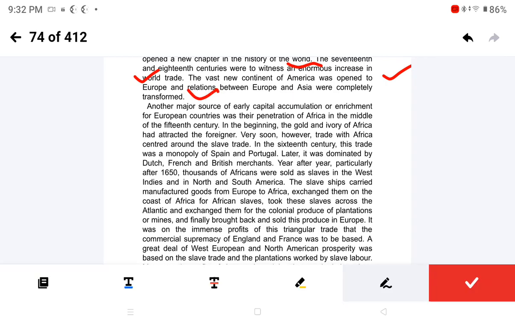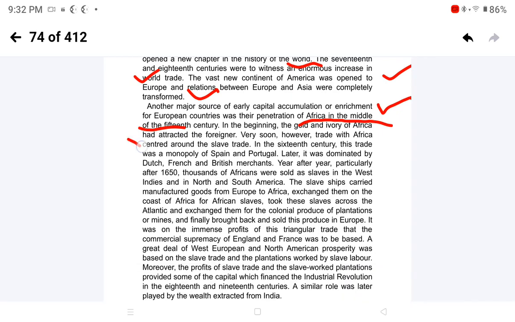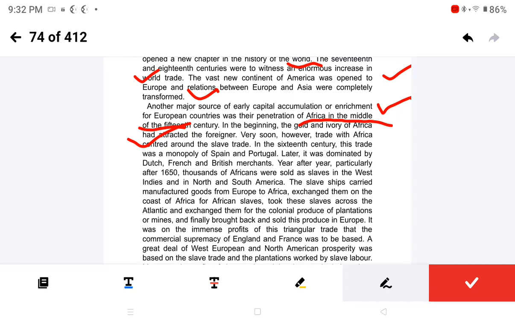Another major source of early capital accumulation, or enrichment, of European countries was their penetration of Africa in the middle of the 15th century. In the beginning, the gold and ivory of Africa had attracted the foreigner. Very soon, however, trade with Africa centered around the slave trade.